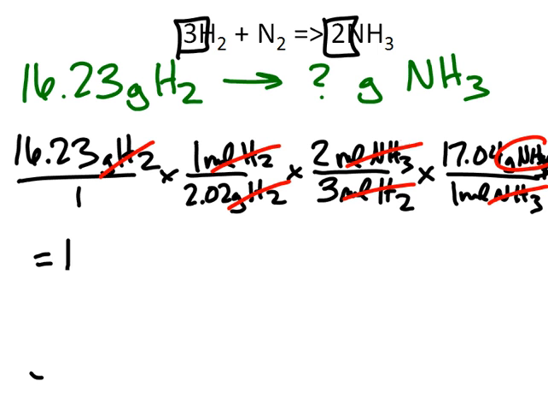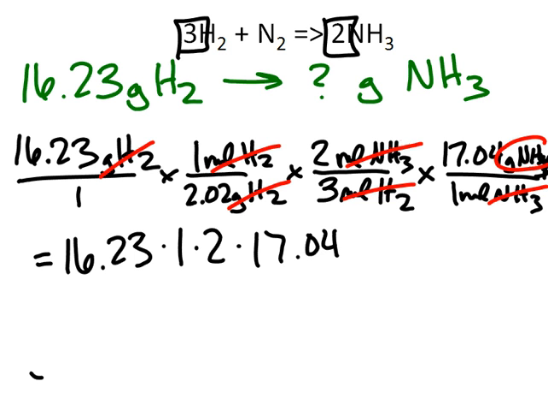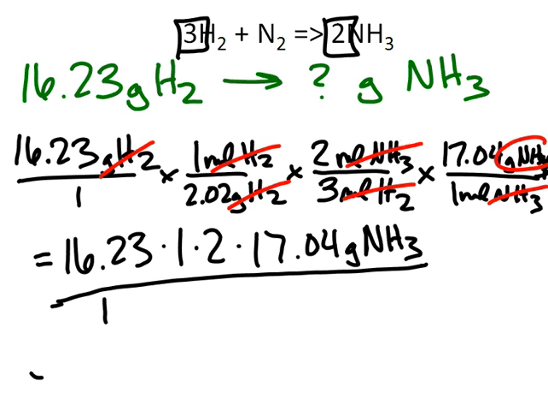So 16.23 times 1 times 2 times 17.04 grams of ammonia, divided by 1 times 2.02 times 3 times 1. Okay, again, let's make sure we can identify our number of sig figs, right?